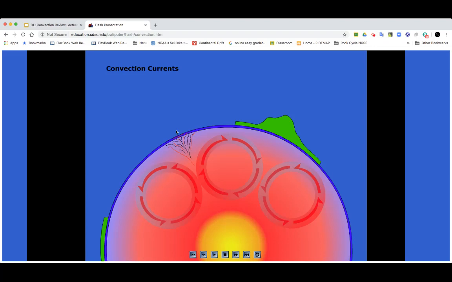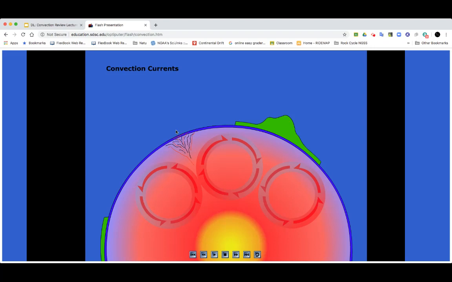And we have this continuous cycle of heating, rising, and cooling, sinking rock in the asthenosphere. We have motion in the asthenosphere, and scientists infer that that motion is responsible for moving the tectonic plates of our planet all over our planet.